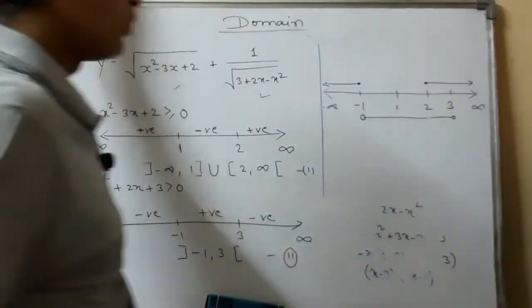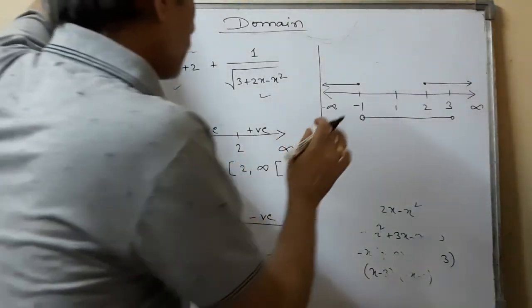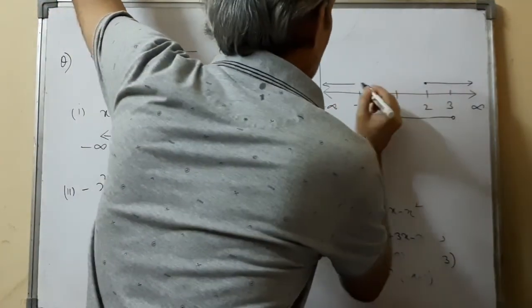From 2 to 3, including 2. Here also it is from 1.